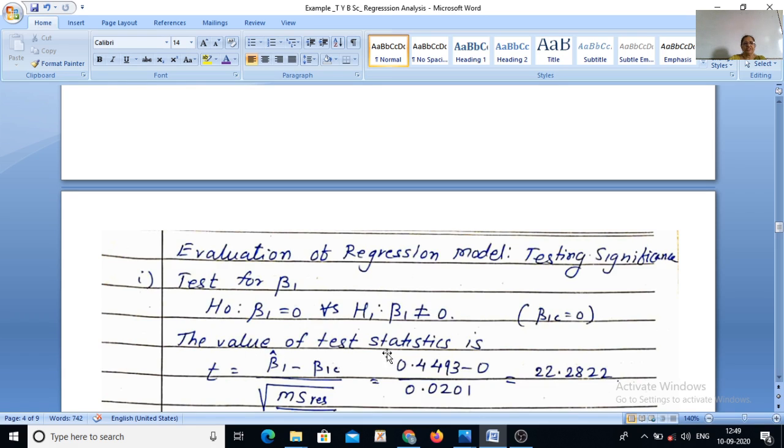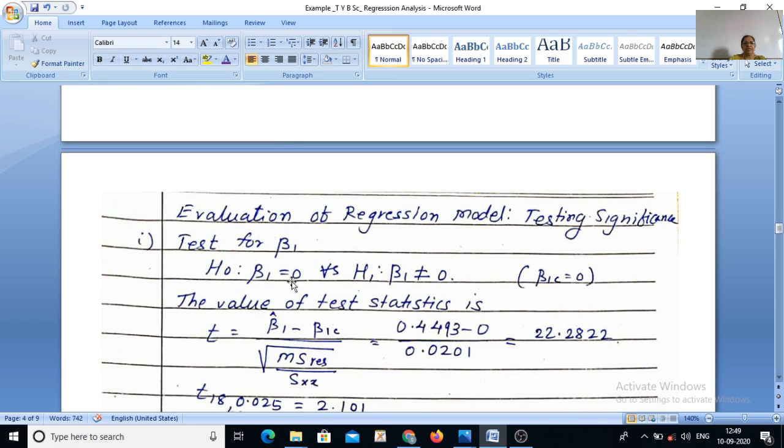In order to test the significance of beta 1, my null hypothesis is H naught: beta 1 is equal to 0, versus H1: beta 1 is significant. This beta 1 is the parameter in the population, and we first assume that in the population the regression coefficient is 0, versus the alternative that it is not equal to 0, that is, it is significant.